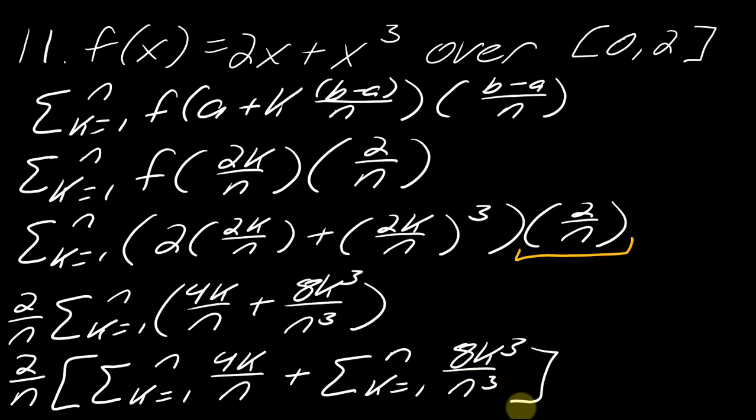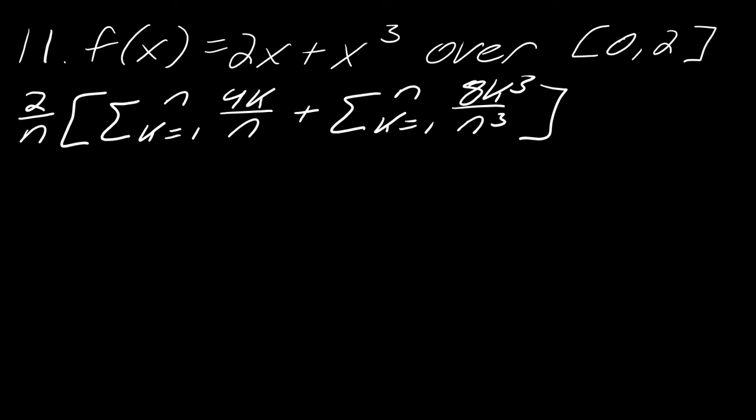All right, so now let's clear some space. Okay, now we want to simplify these sums a little bit more. Remember, these sums are all about k. So the 4, the n, the 8, the n cubed, those are really all constants. So I want to factor this 4 and this n and this 8 and this n cubed out so that I can isolate the k's.